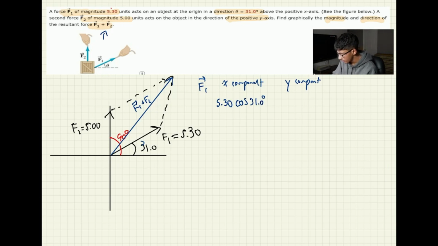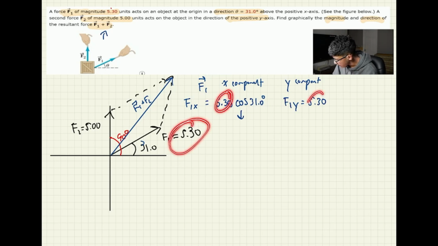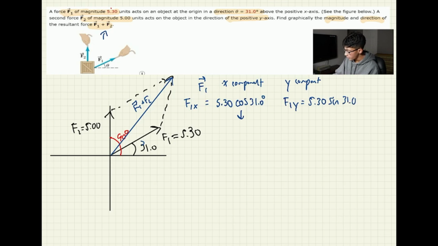And the Y component, so F1x is that, and then F1y is equal to 5.30. You just take whatever this number is and put it right here, so it's 5.30 sine of 31.0 degrees.